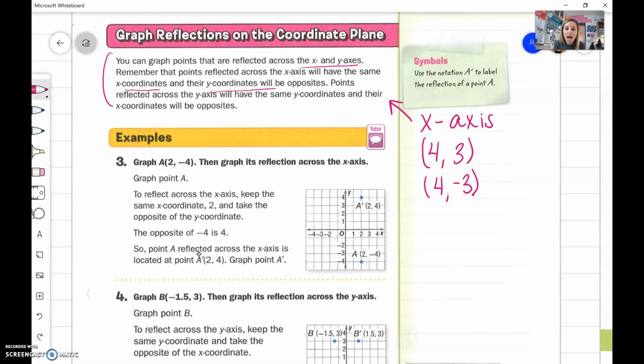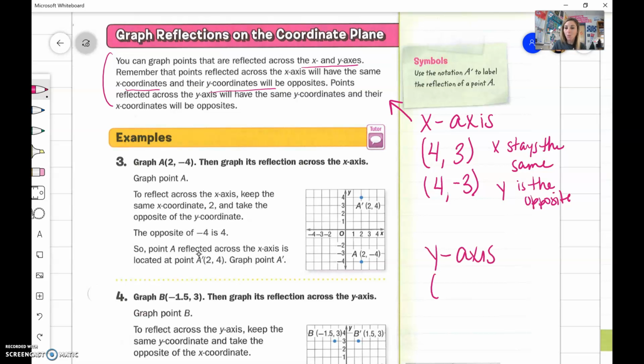Because it's going to be the opposite of the one that is there. So when we are doing it, your x stays the same, and your y is the opposite.